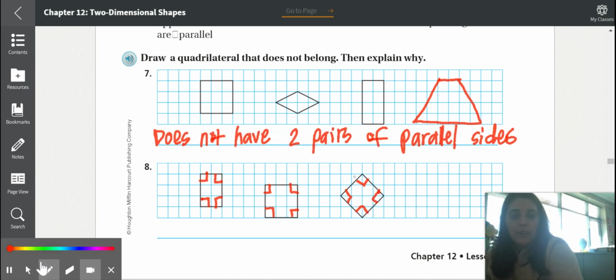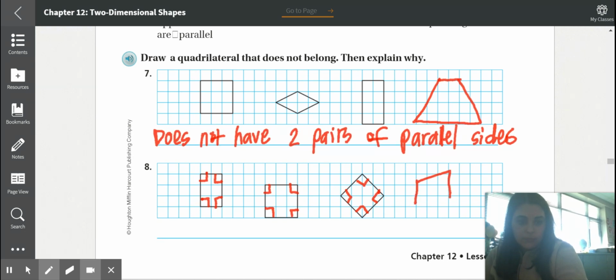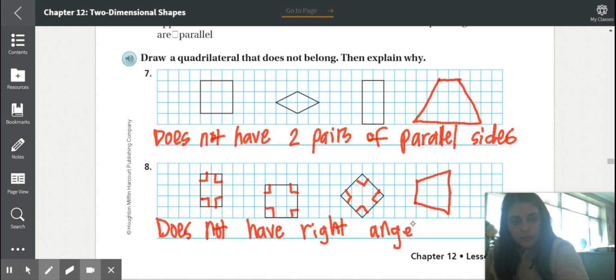So if we're thinking of a shape that does not fit, we could just draw a shape that doesn't have right angles. Okay, so does not have right angles. Okay.